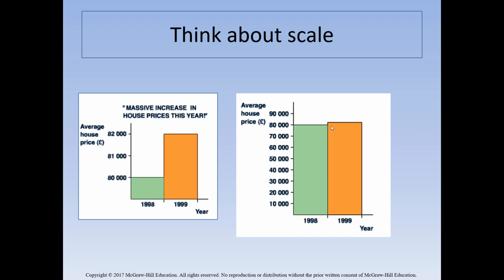It depends very much on your application, but you just need to make sure that the reader understands what is being shown. So the first one you might want to label, relative increase in house prices. Sometimes you'd have a little line going backwards and forwards like a Z, and that just shows people that it's not actually from the base.